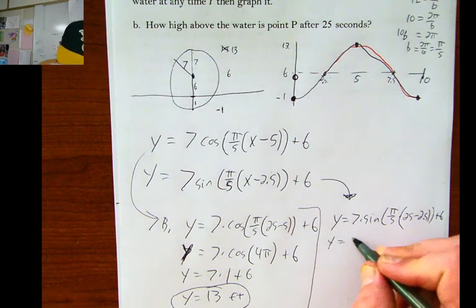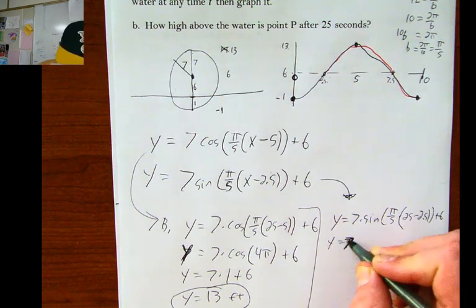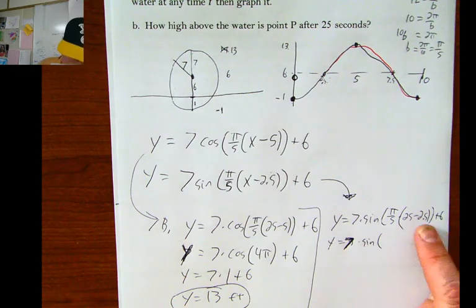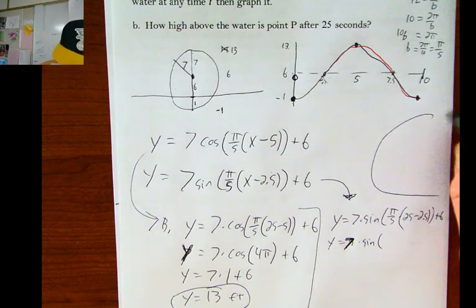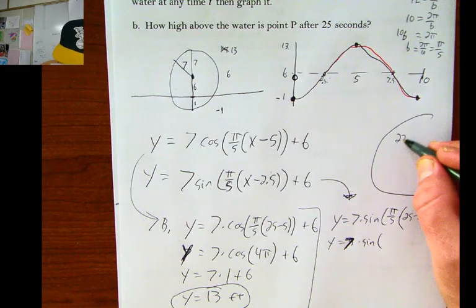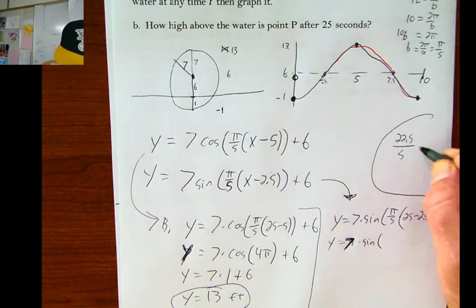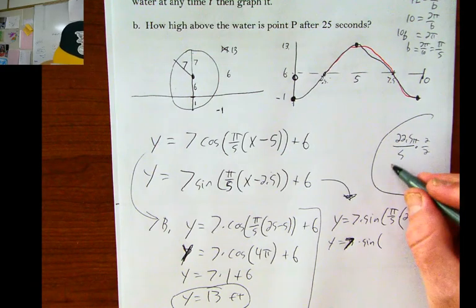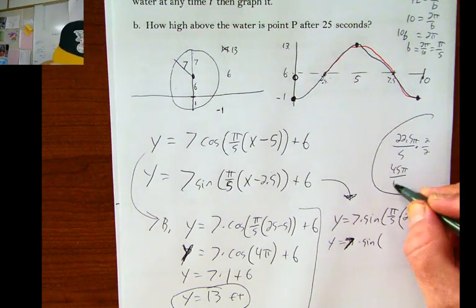This becomes 7 times sine of, do a little side work here, 25 minus 2.5. So I have 22.5 divided by 5 pi. You'd multiply that by 2 over 2, and you'd get 45 pi over 10.